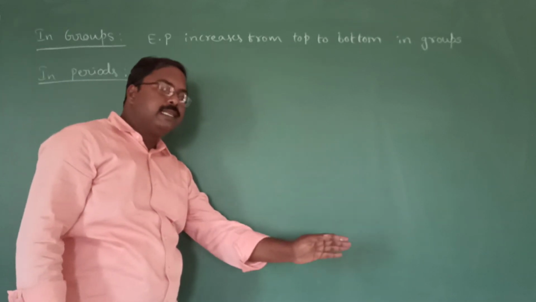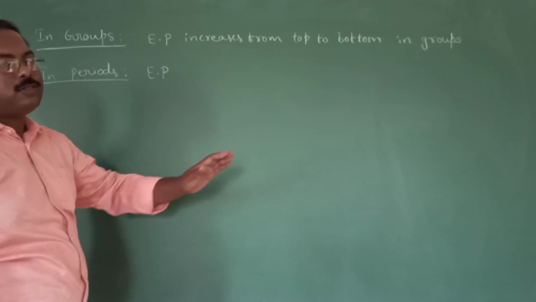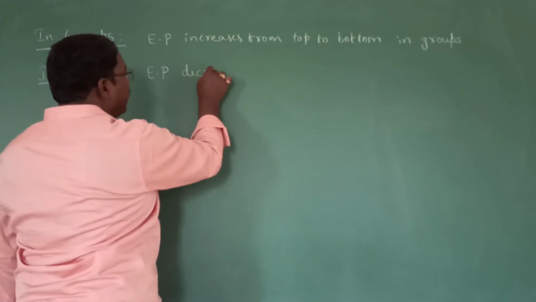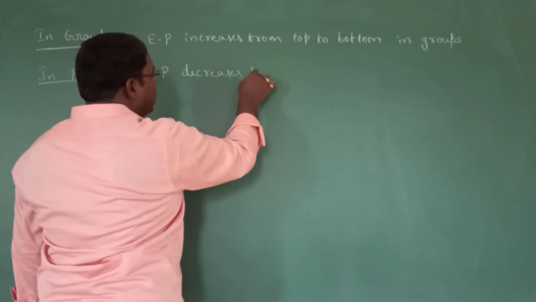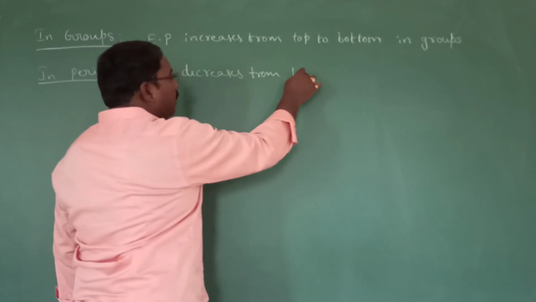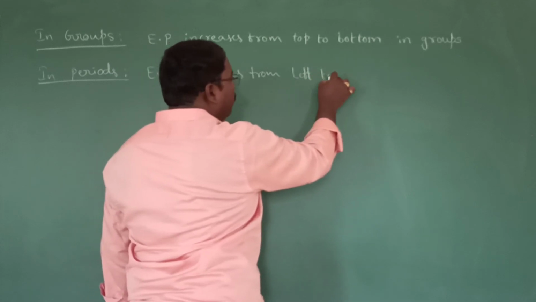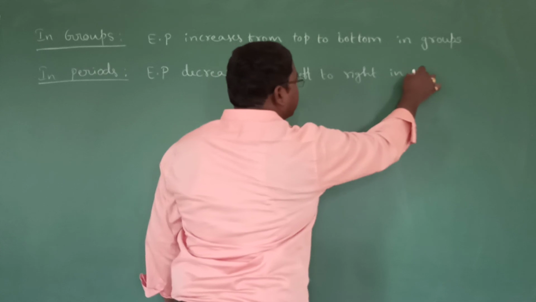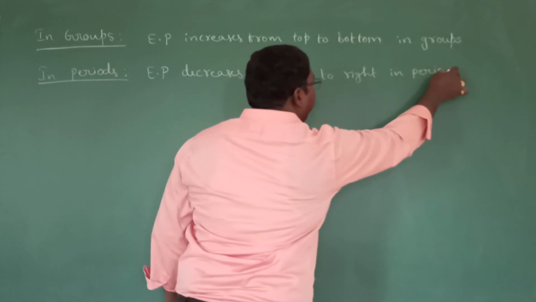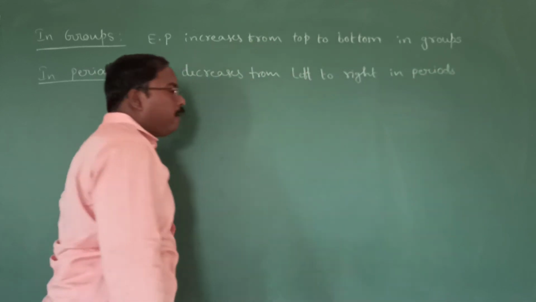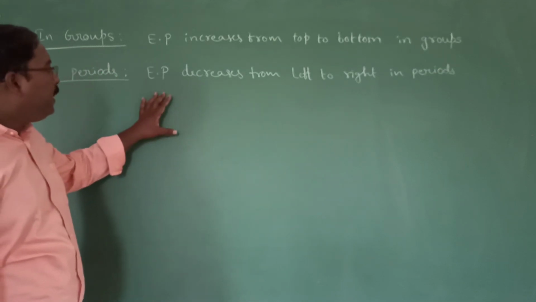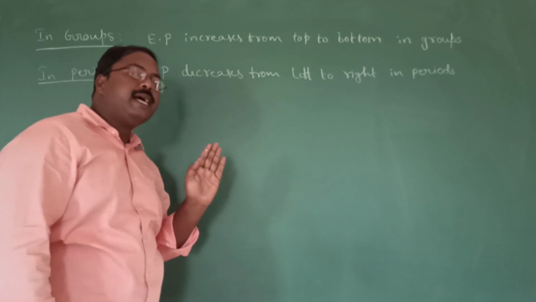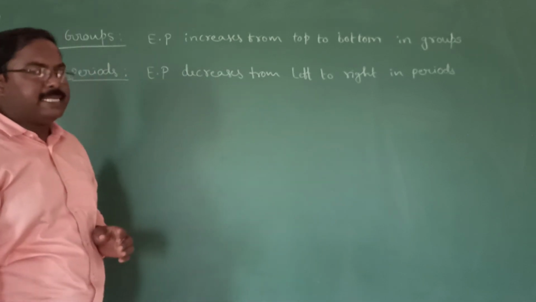In periods, atomic size decreases from left to right. So electropositive nature also decreases. Electropositivity decreases from left to right in periods because atomic radius decreases.